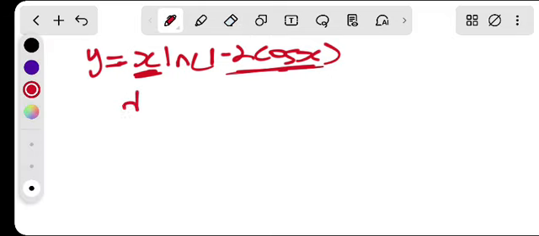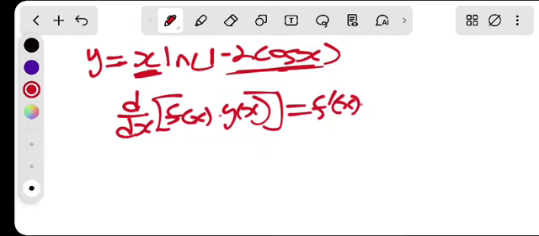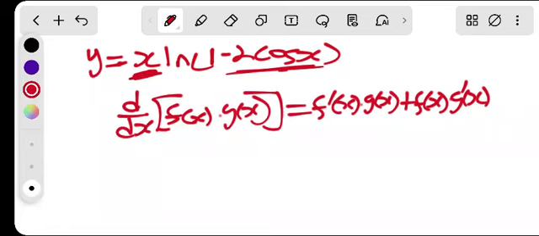Remember, product rule, if you are given dy over dx of the function f of x multiplied by g of x, it simply equals f prime of x multiplied by g of x plus f of x multiplied by g prime of x. So I can say x will be f of x, ln of that will be g of x.